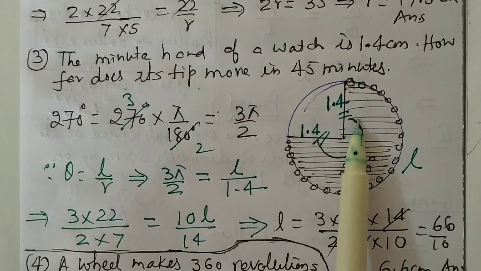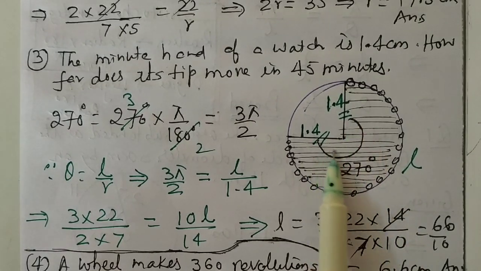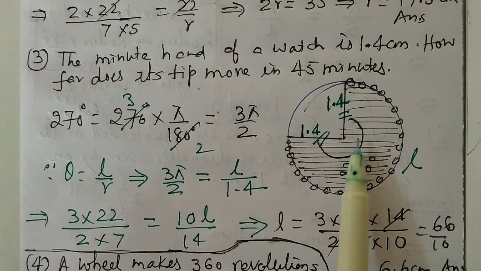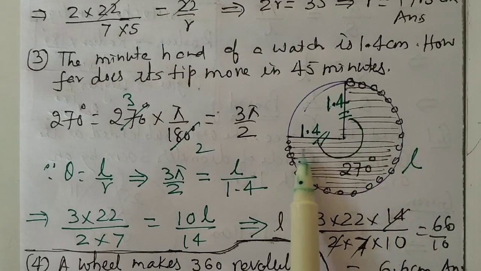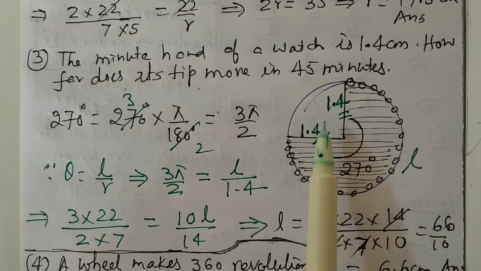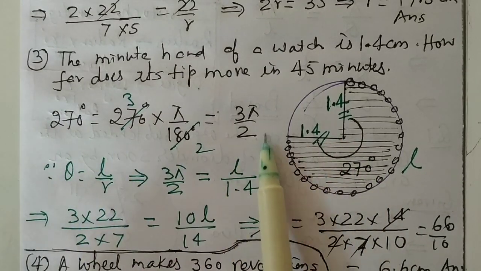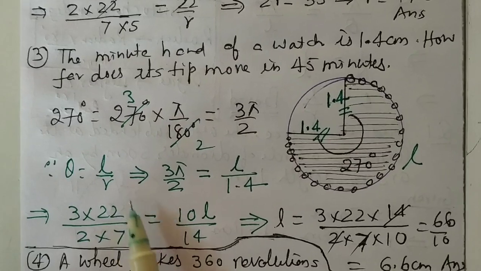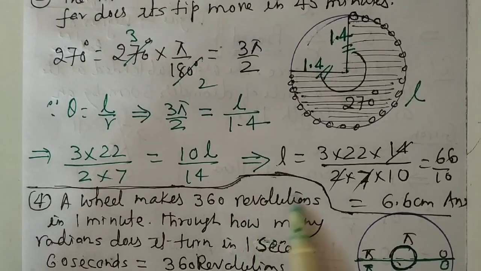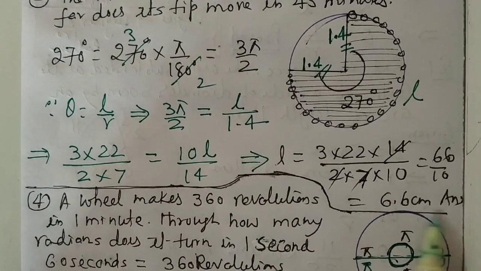In 45 minutes, this much angle will be made. So this is 270, 90 plus 90 plus 90, 270, or from 360 subtract 90, 270. Now 270 is converted to radian, and using theta is equal to L by r, we get the value of L successfully, so many centimeters, answer.